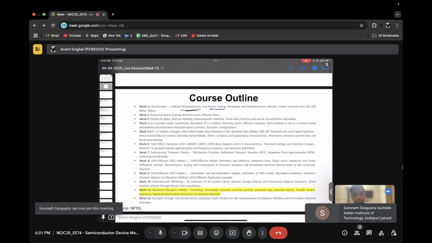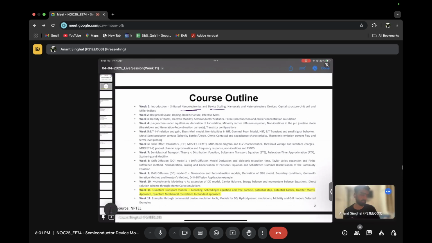Because of that, various quantum transport effects are happening. The electrons, since their length is very short, are behaving like quantum particles instead of following classical physics, in which we studied that an electron can act like a particle, but it also has some effective mass. So that is what these models are relating to.